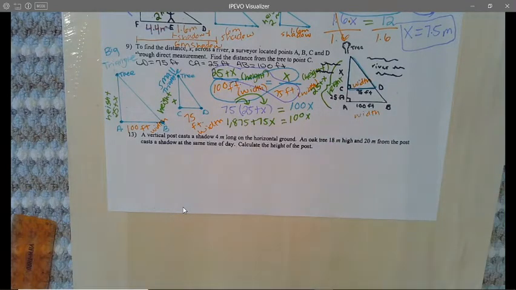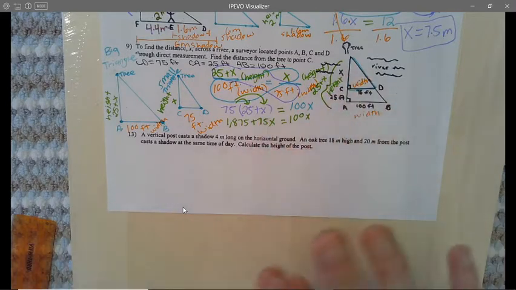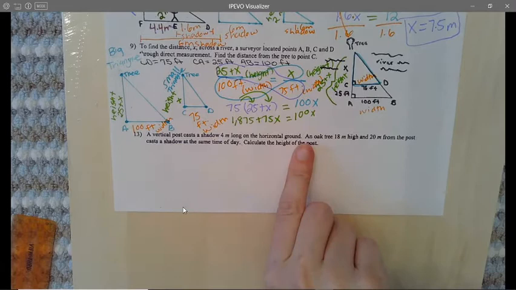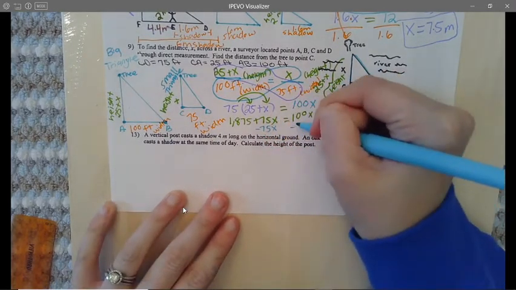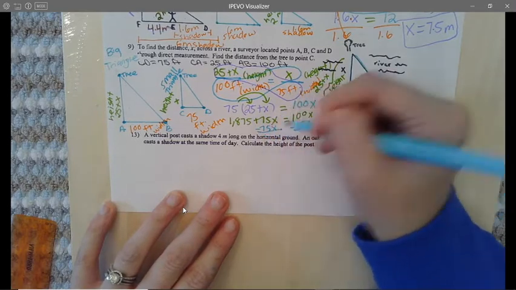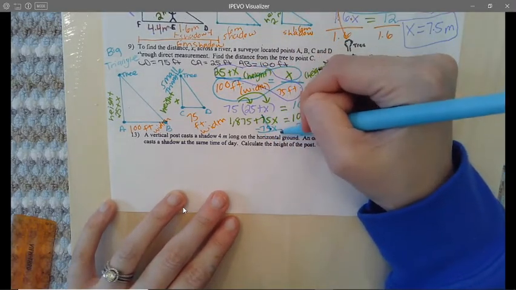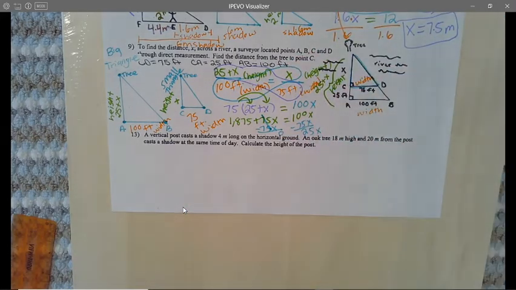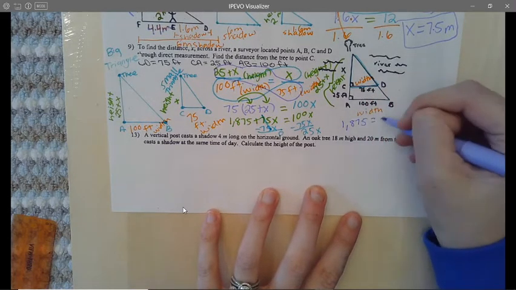Currently my x's are separated, which means I need to join them together. How would you move a positive 75x to the other side? You would subtract, like normal. You guys are on a roll. 75x minus 75x will cancel and turn to 0, and 100x minus 75x will give me 25x. So we're left with 1,875 equals 25x.